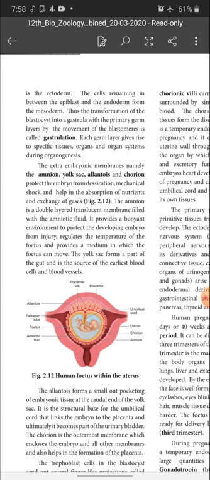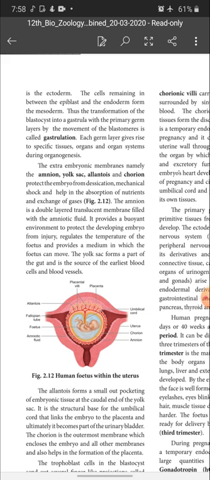It provides a buoyant environment to protect the developing embryo from injury, regulates the temperature of the fetus and provides a medium in which the fetus can move. So in this amniotic fluid, the fetus is floating. That is why it provides a buoyant environment, protects the embryo from injury, regulates the temperature of the fetus and provides a medium in which the fetus can move.